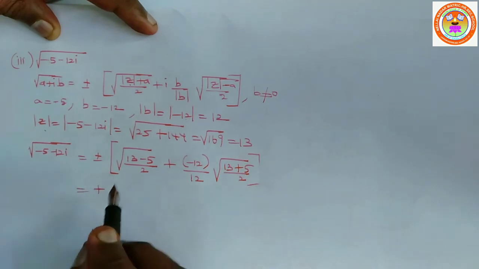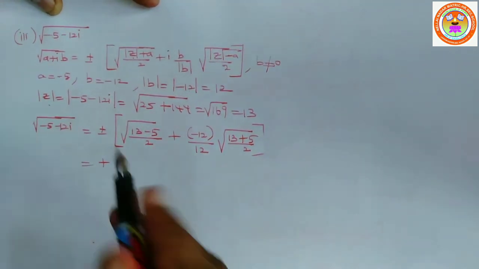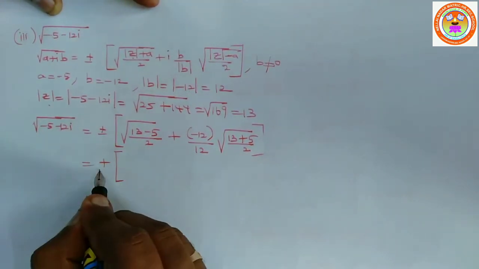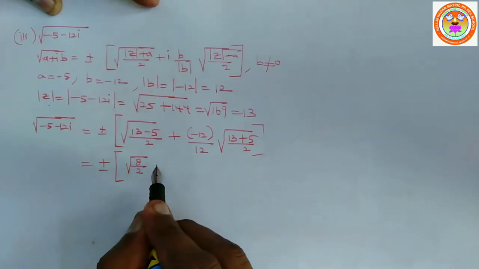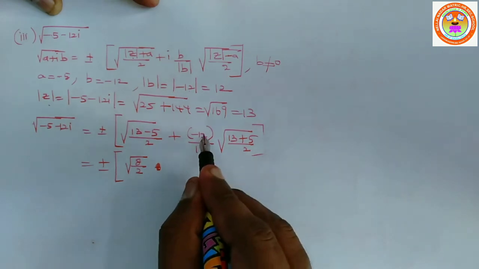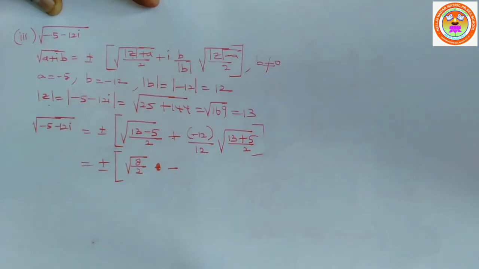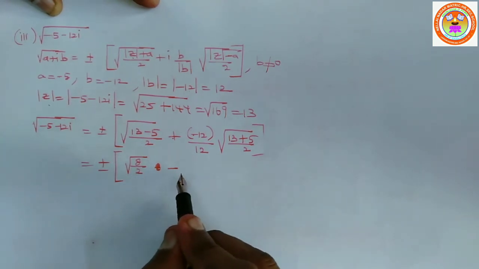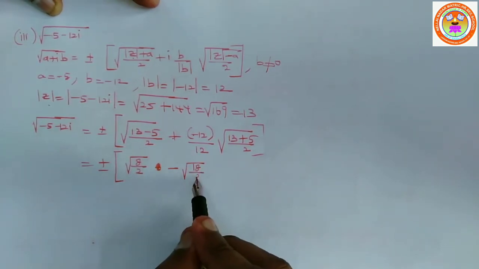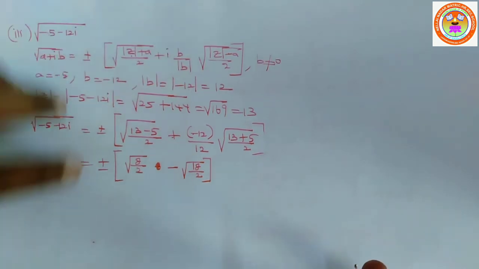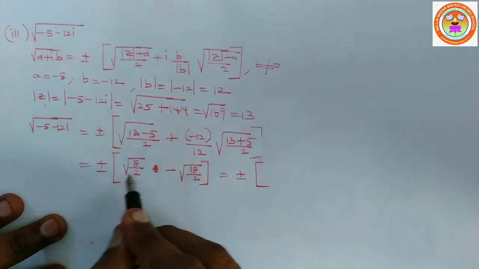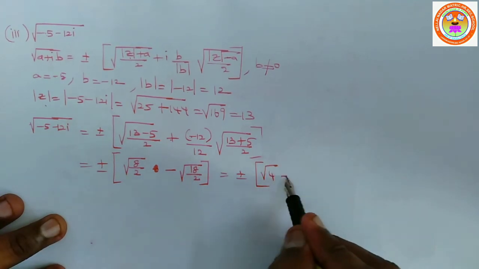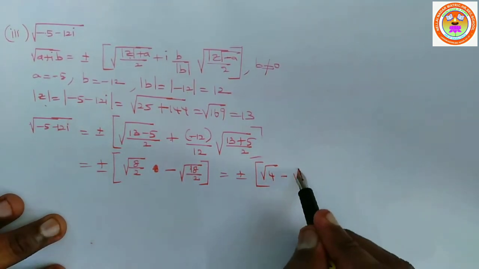So plus or minus 13 minus 5, square root of 8 by 2. This will become 12 cancel, plus into minus is minus. 13 plus 5, 18, square root of 18 by 2 is equal to plus or minus. 8 and 4 cancel, square root of 4 minus 8 and square root of 9.